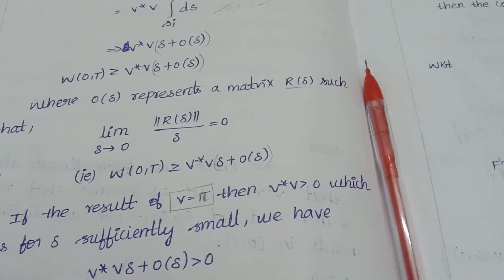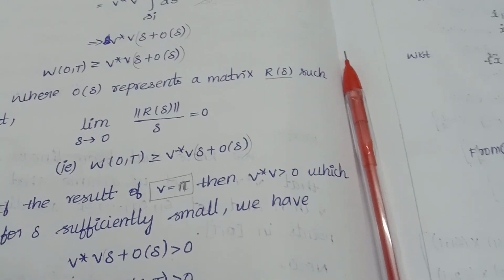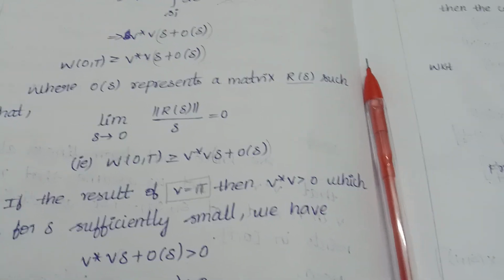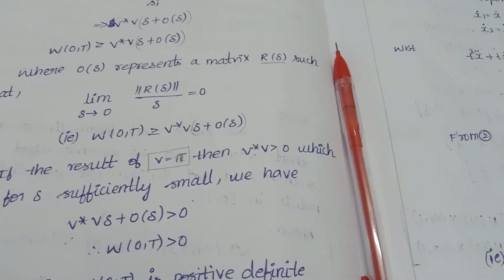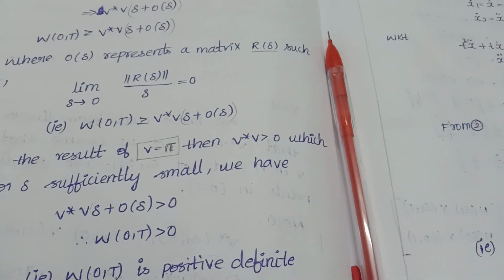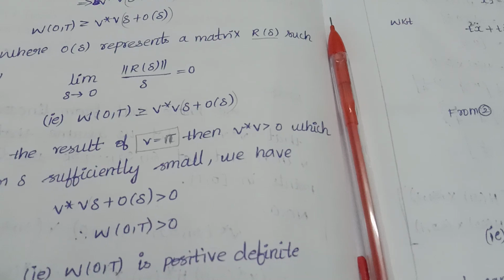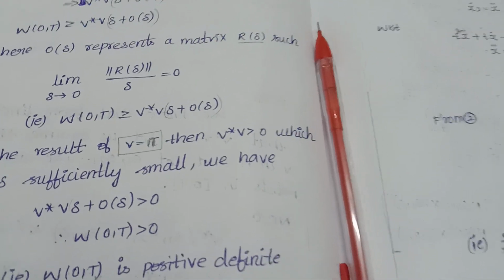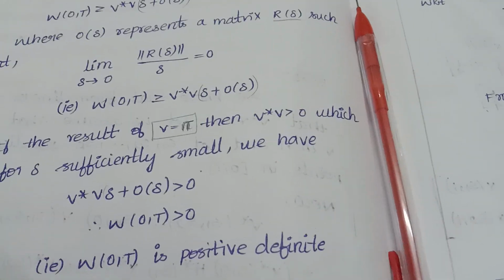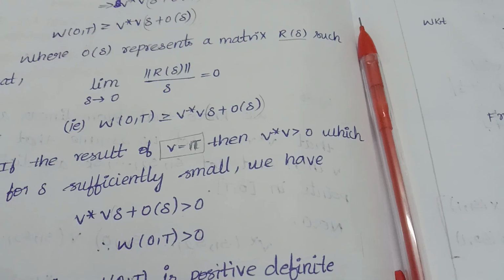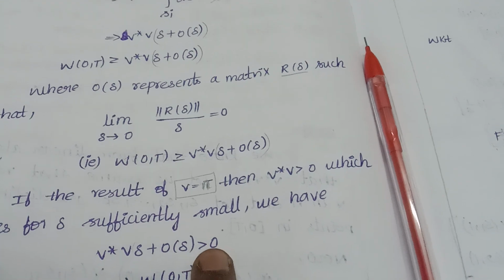We assume that the rank of V is n. If the rank of V equals n, then V star V is greater than 0, because the n columns are linearly independent, so the matrix must be positive definite. This implies that for delta sufficiently small, but greater than 0, V star V delta plus order of delta is greater than 0.